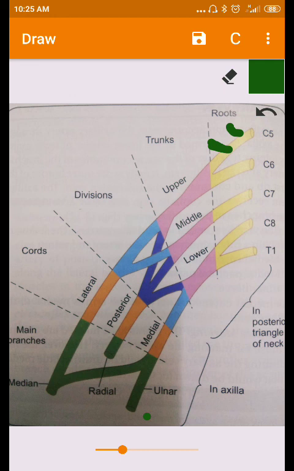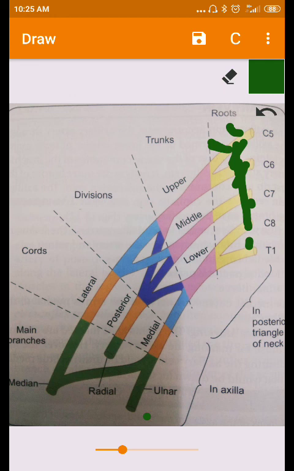Some nerves also come from more than one root. One nerve comes from the roots C5, C6, and C7. All three unite to form one nerve called the long thoracic nerve of Bell, also called the nerve to serratus anterior. So C5, C6, C7 give the nerve to serratus anterior, or long thoracic nerve of Bell.